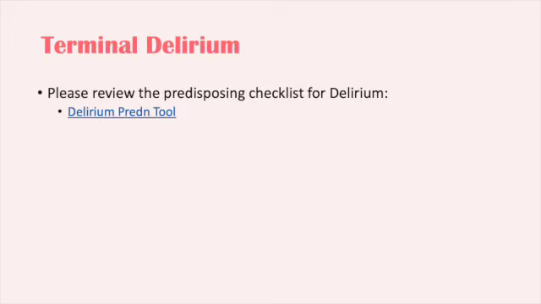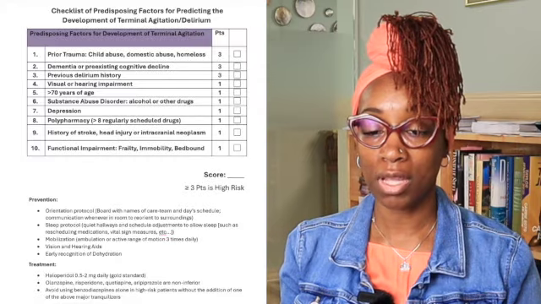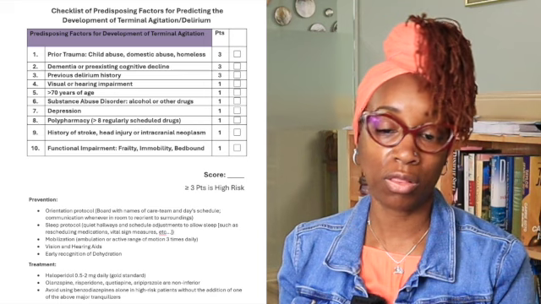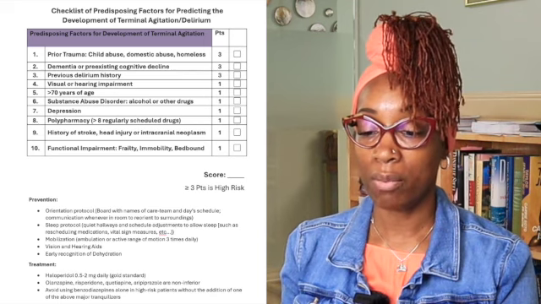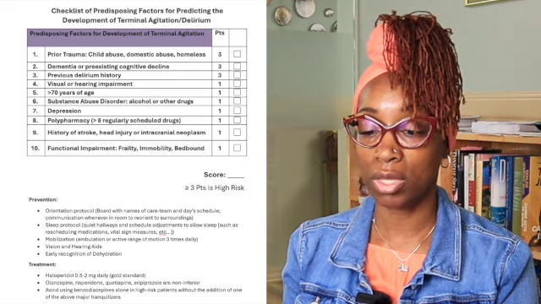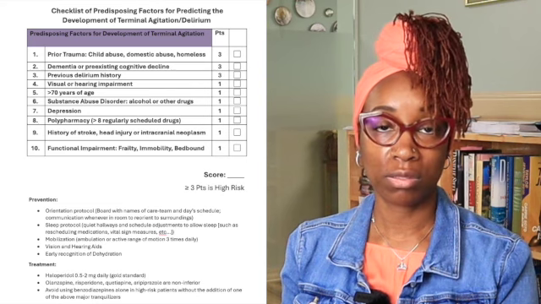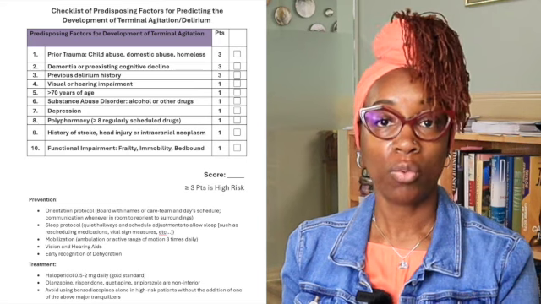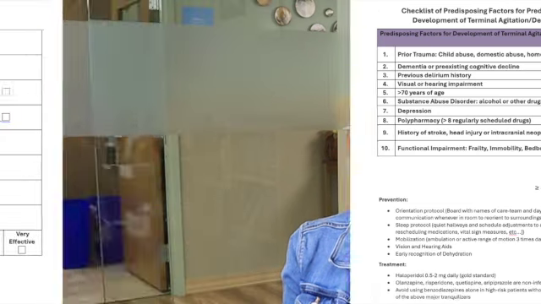This next slide says, please review the predisposing checklist for delirium. This is something that has been developed by a medical student along with Dr. Ritwani. And I'll be doing this checklist, I believe, on the second day of admission when a resident is admitted to Grace House.